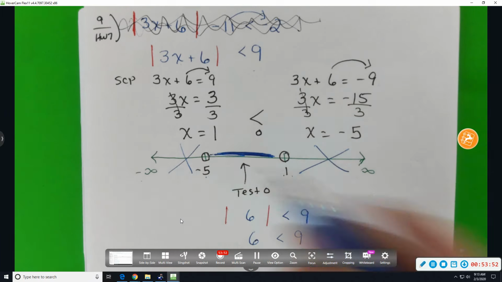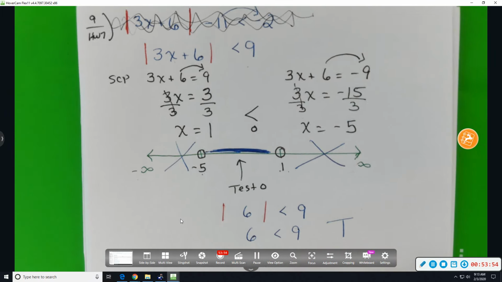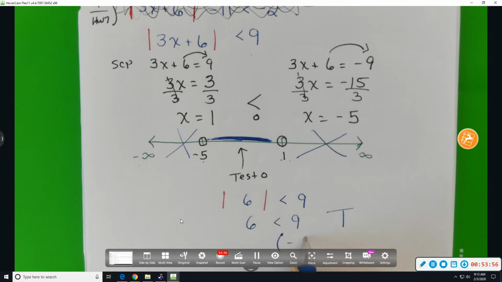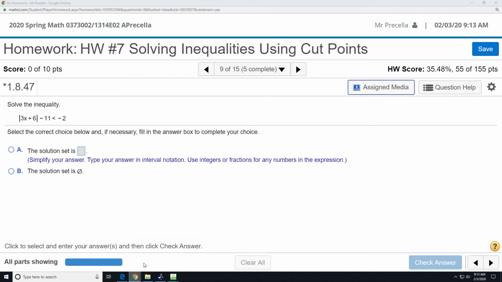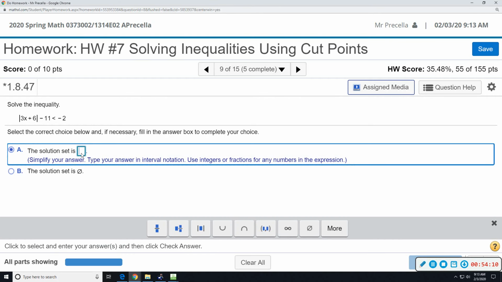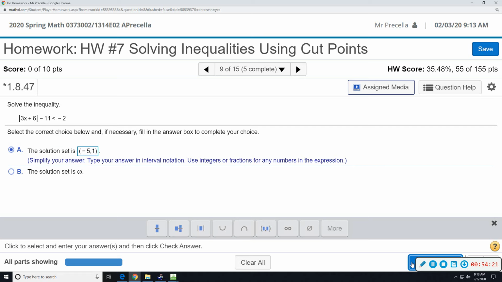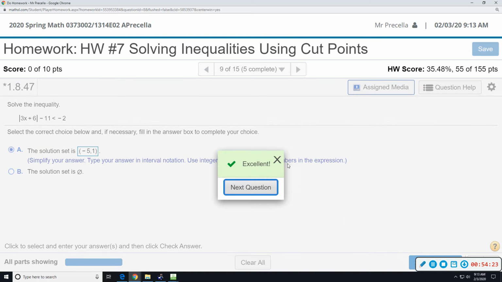No. It's just parentheses, negative 5, comma, 1, parentheses. Okay. Come over here and type it in. Parentheses, negative 5, comma, 1, close parentheses. Okay.